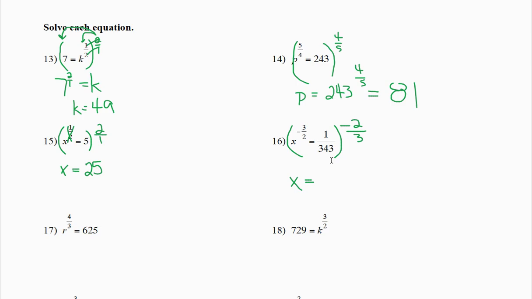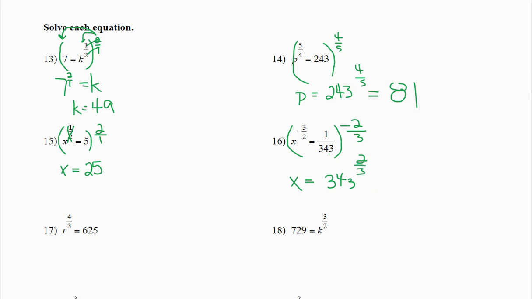Okay, so negative exponent means we're going to do 1 over, right? Yeah. So if I'm getting rid of my negative exponent, this is going to rise to the top. So I could simply say that it's 343 to the positive 2/3.